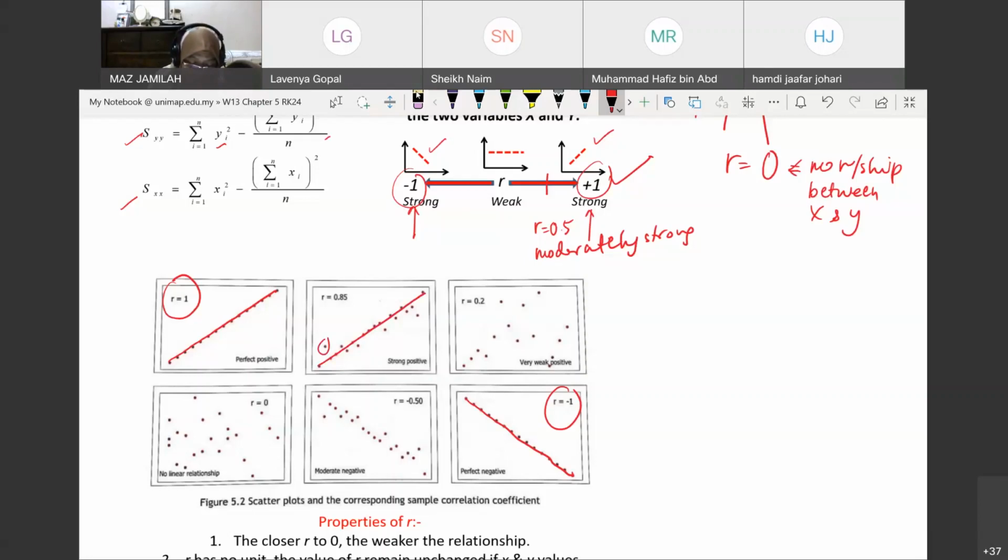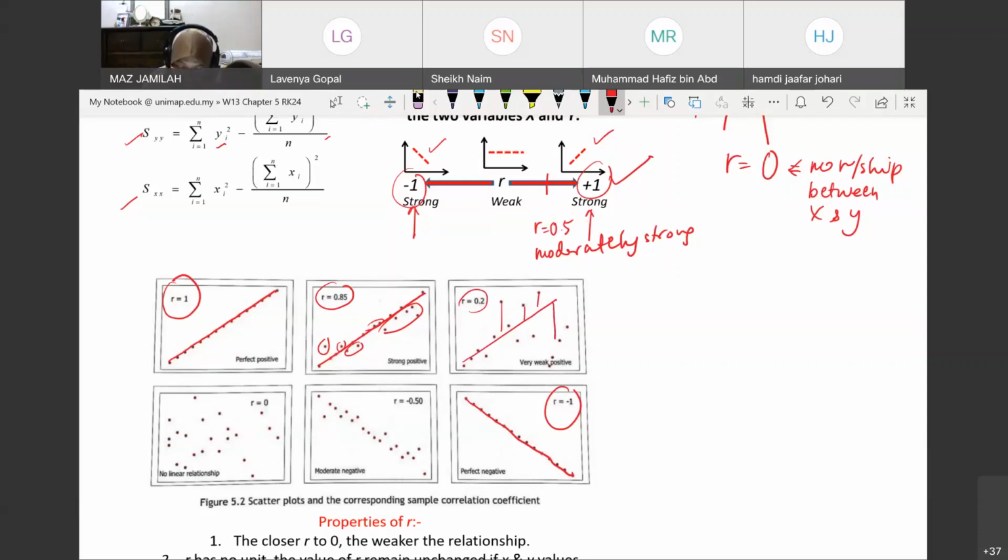For example, these two data, this data, all these data are not on the straight line. So that's why your R will be lower. And as your R decreases, approaching 0, you see that your data become larger in terms of error.